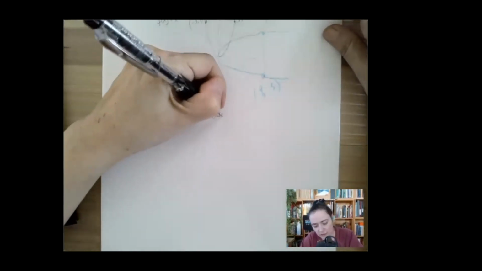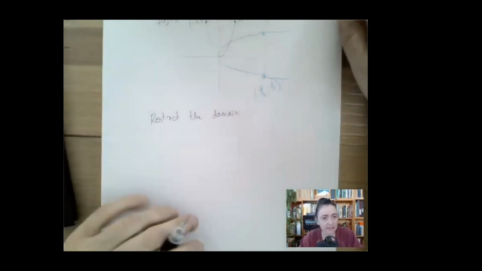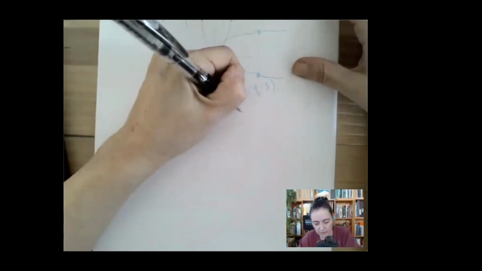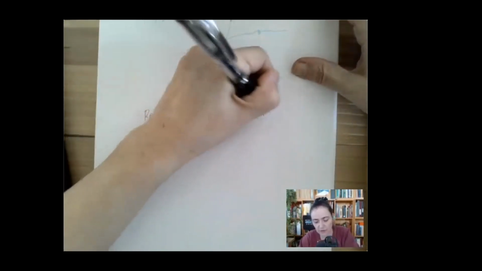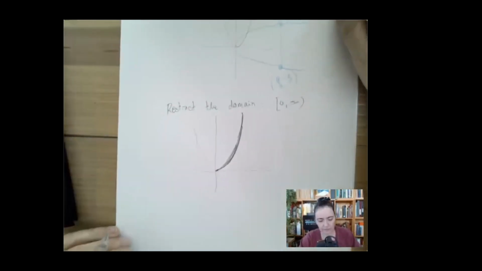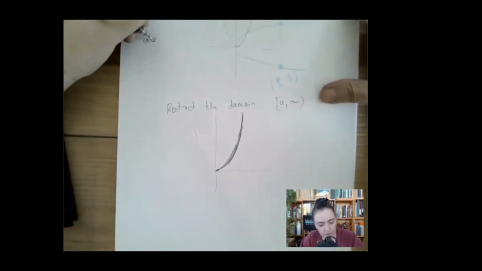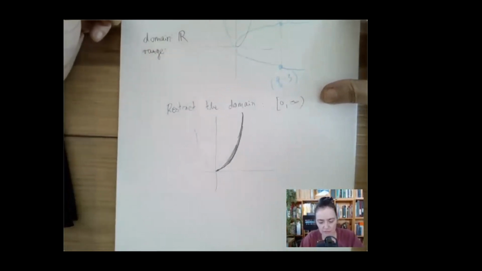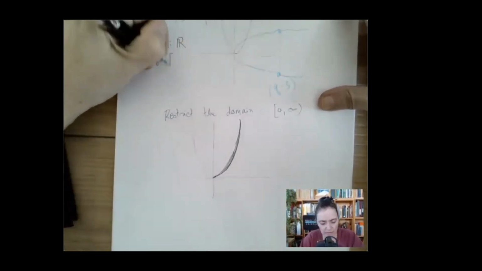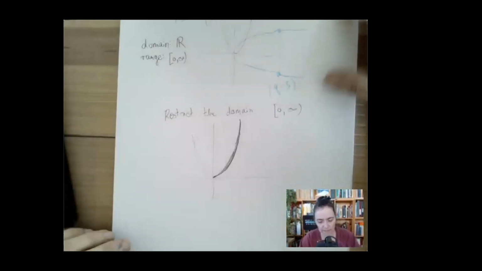And this is what's not going to be all that trivial in trig, but here it is trivial: let's just keep the non-negative half. The original domain was R. The original range was everything positive and 0.